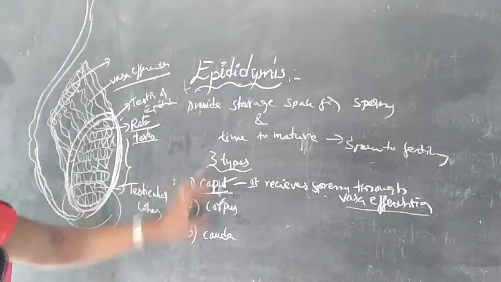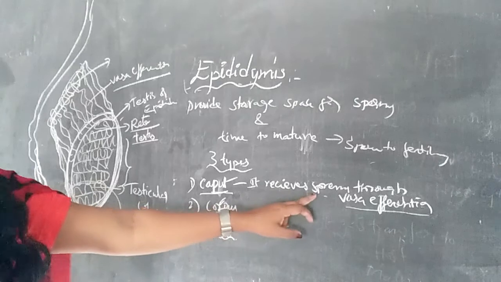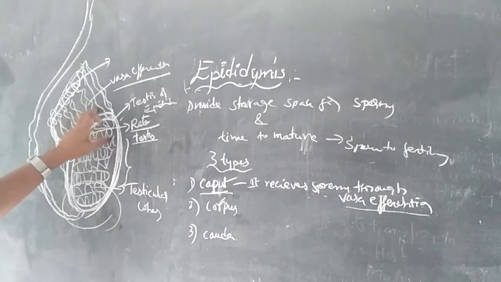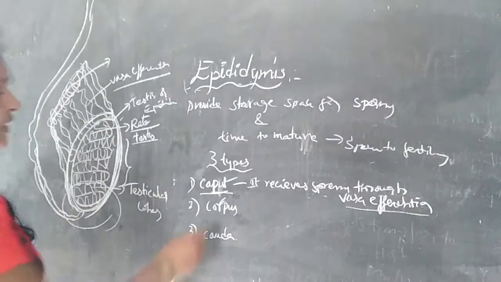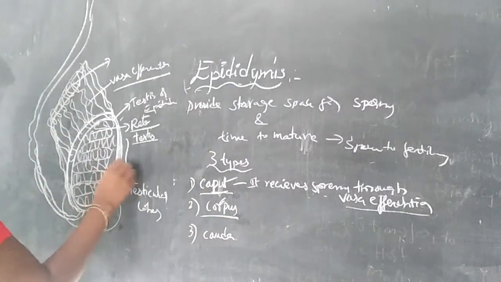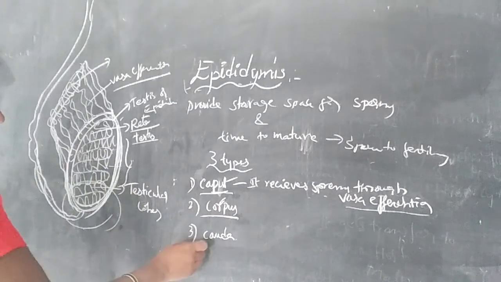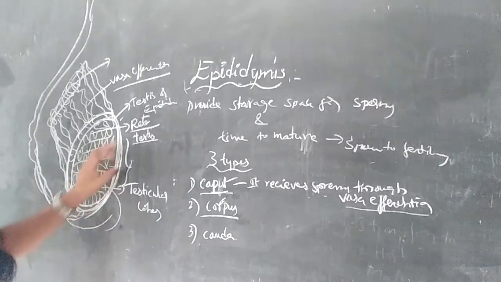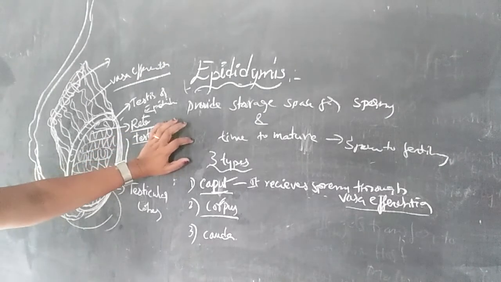So that is the caput. Next one, the corpus: the middle part, where sperms are stored. And the cauda is the posterior part of the epididymis.